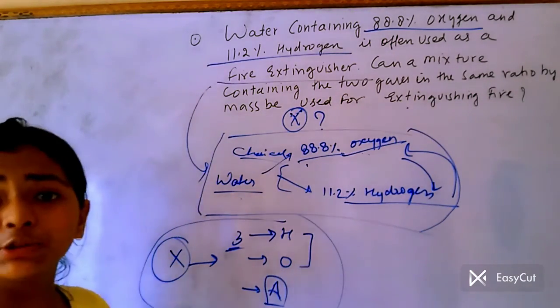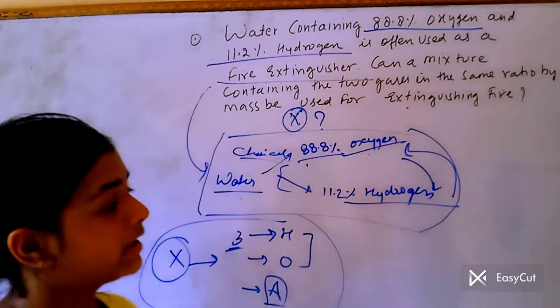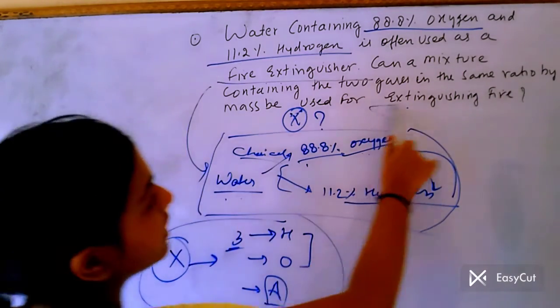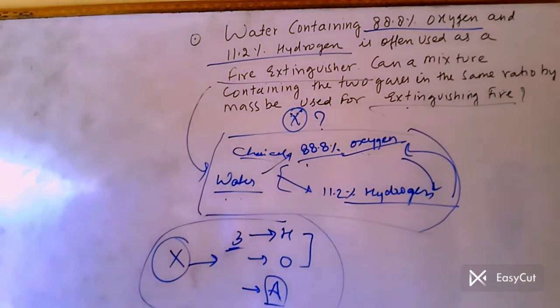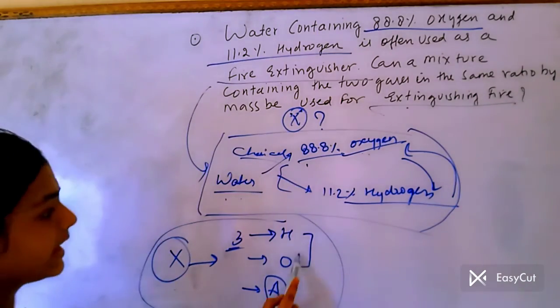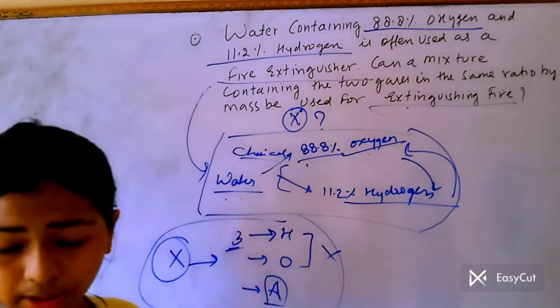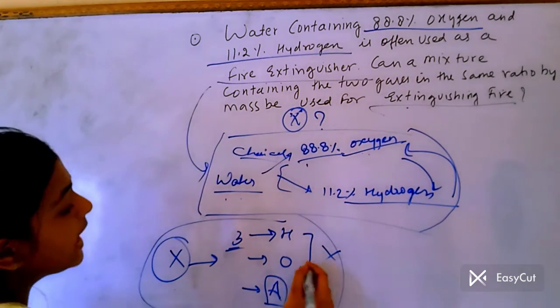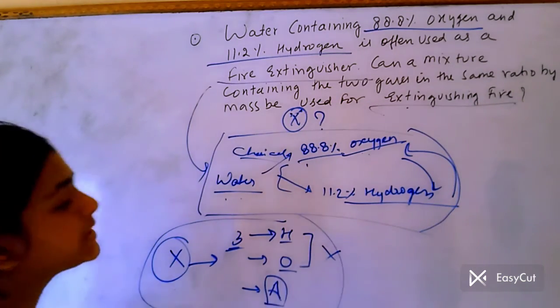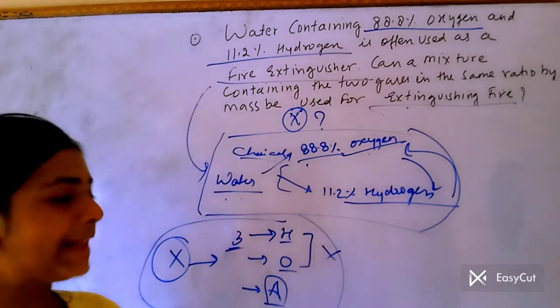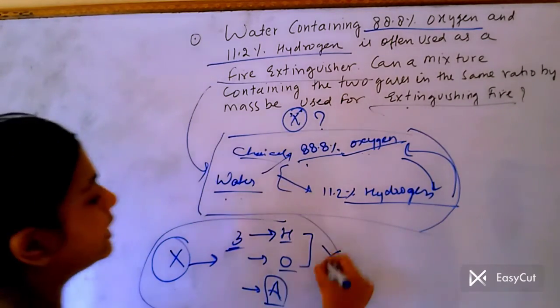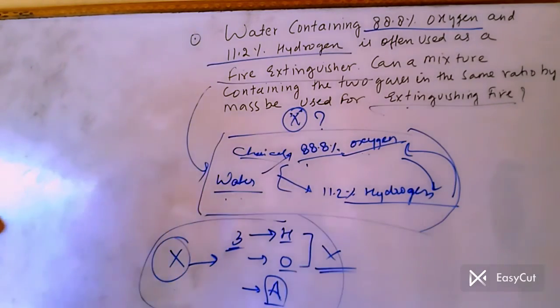Oxygen is used for combustion, right? But water is used for extinguishing the fire, right? So in X, they are not chemically bonded. They'll retain their properties, and they both will not help together. This way they'll not be used for extinguishing fire.